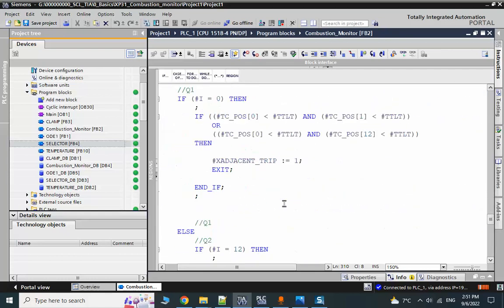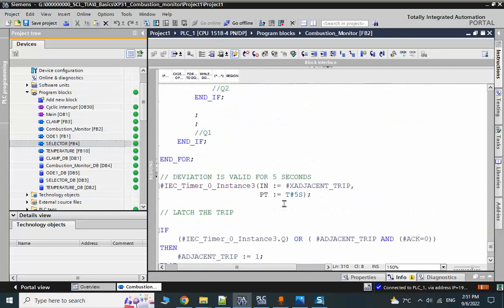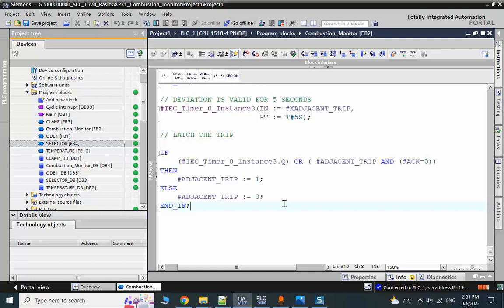So we stop the video here, and the last topic will be function testing the block. We will function test, and that will be the end of this topic.